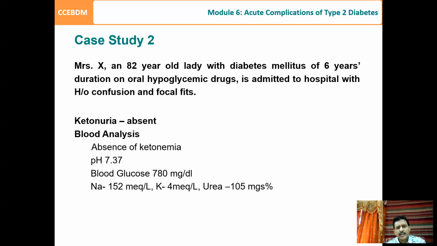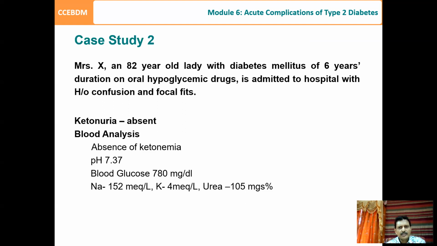Third point is that they have a very high blood glucose level, more than 600 milligram. More than 600 milligram blood glucose usually we don't see in diabetic ketoacidotic patients. I should not say we will never see, but mostly we don't see it in diabetic ketoacidotic subjects. But in hyperosmolar coma, it is almost always more than 600 milligram per deciliter.